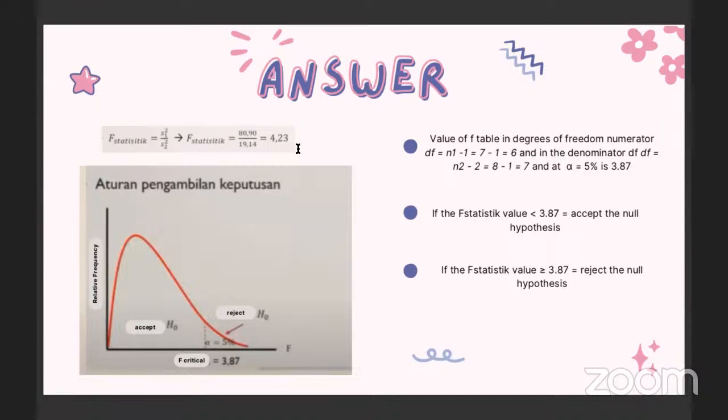At alpha of 5%, it is 3.87. If the F statistic value is less than 3.87, we accept the null hypothesis. And if the F statistic value is more than or equal to 3.87, we reject the null hypothesis.